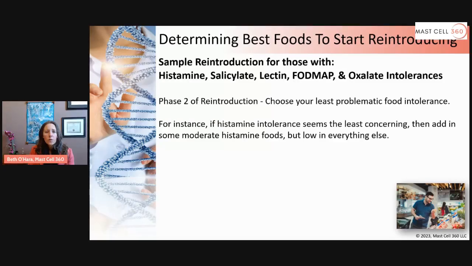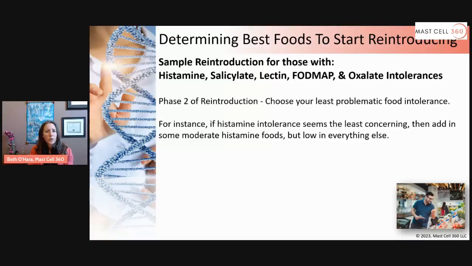Phase 2 would be after you've worked through that list. Phase 2 would be then adding in a little moderate histamine foods, but keep it low with everything else. That could mean adding in just a little bit of, say, oyster mushrooms.